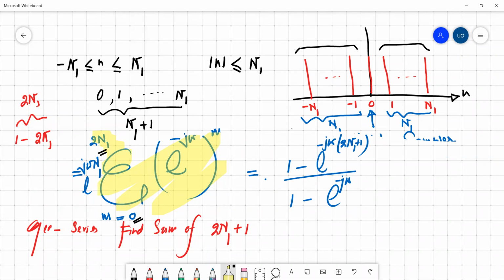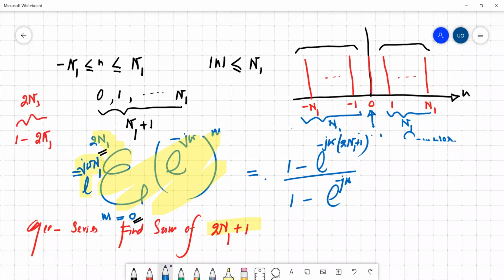This is a geometric series having a finite sum of this number of terms. We have an exponential in addition to that, because once we introduce this index m, there is a quantity e to the power j omega capital N1, which is independent of index m.